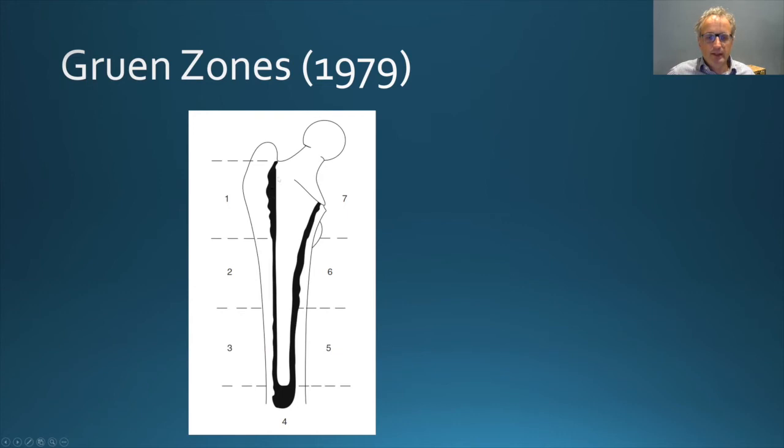What he did is basically took the implant from where it goes into bone to the bottom, divided that into 3 zones, just in thirds, and went from the lateral side round to the medial side, giving us 7 zones: 3 on the lateral, 3 on the medial, and 1 underneath. It's very useful to describe where the hole is, and it also gives you some knowledge about what you have to do if you're coming to revise that hip.